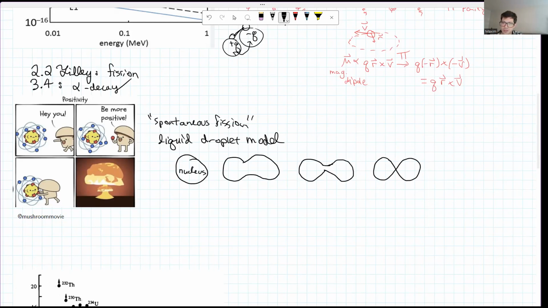And the relevant terms contributing to penalize this kind of deformation and favor it are a trade-off between the Coulomb and the surface area terms in the semi-empirical formula that we had.